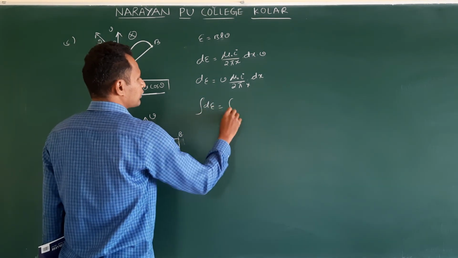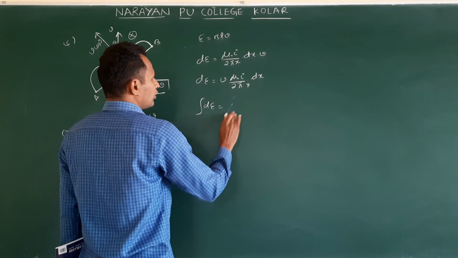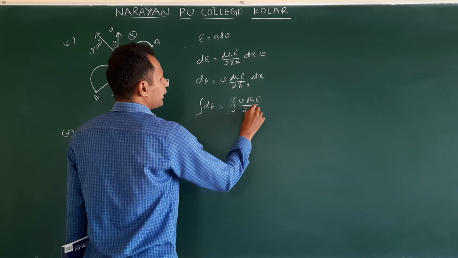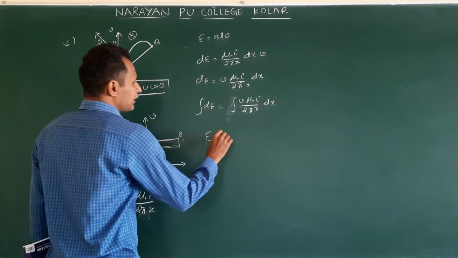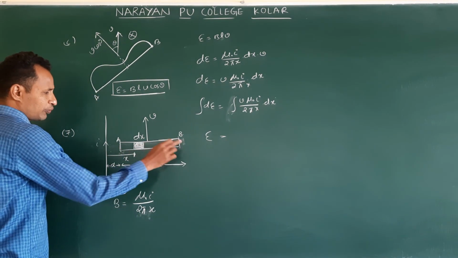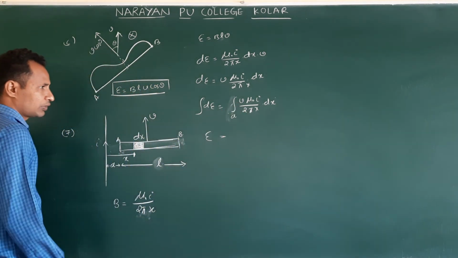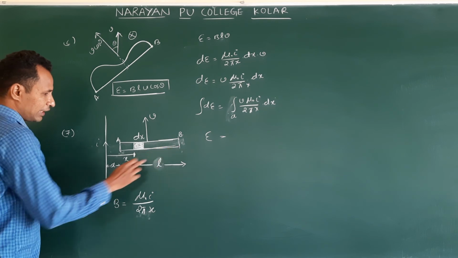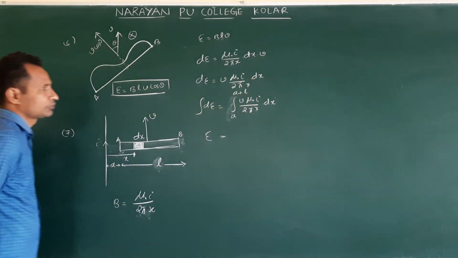We have to integrate. Okay. E equals the integral of v mu naught I by 2 pi x dx. What are the limits? dx is changing from where to where? From A to B, meaning A to the total length, A plus L. Clear?